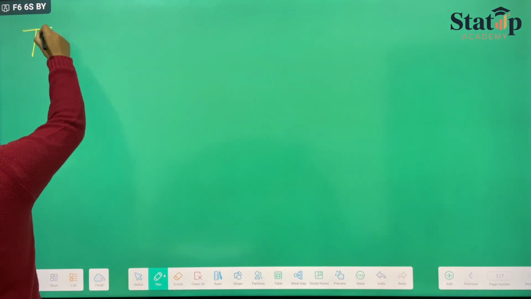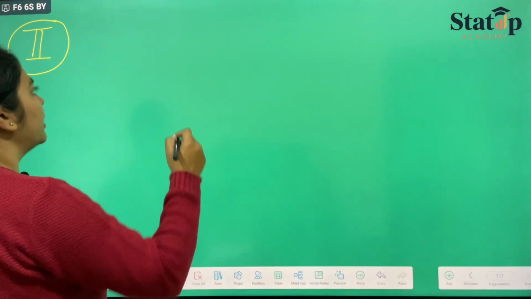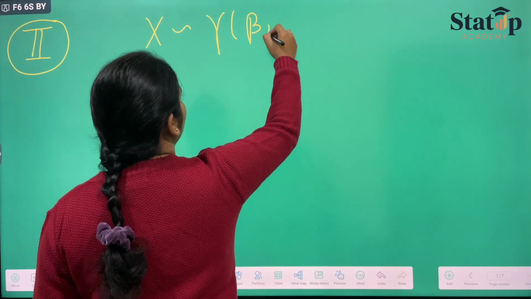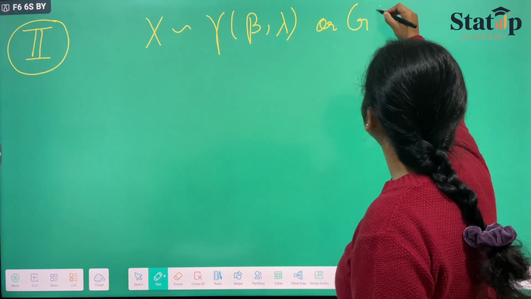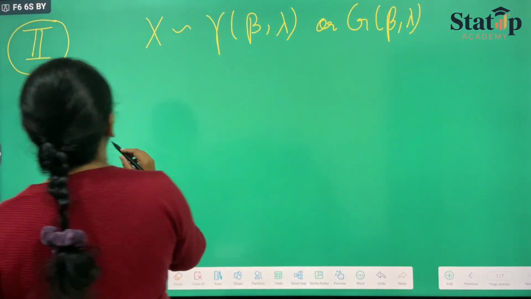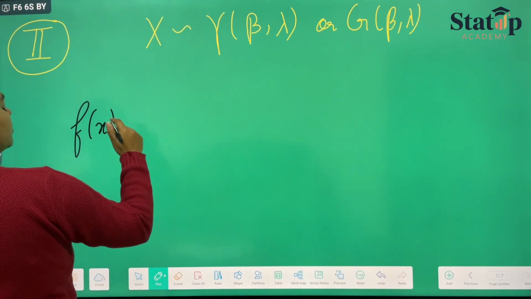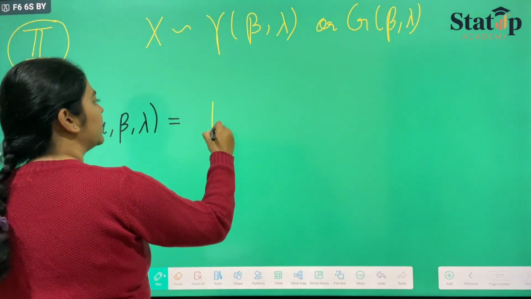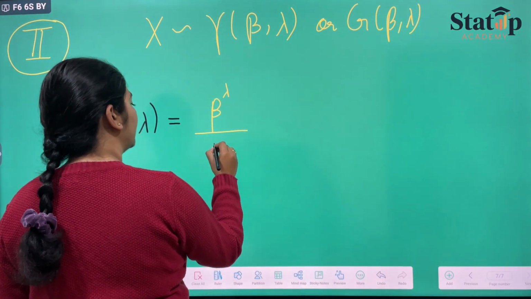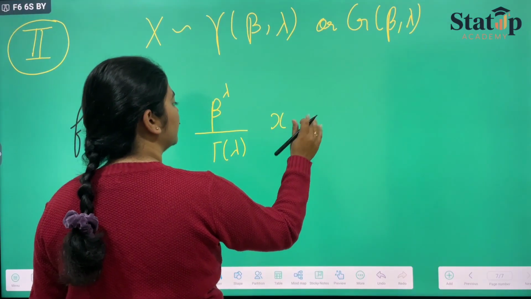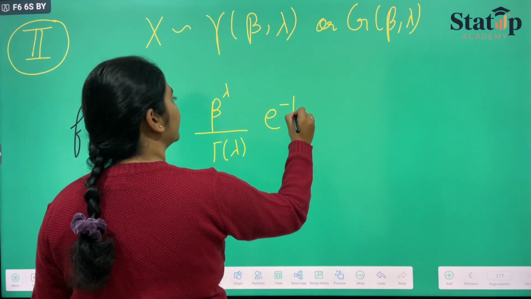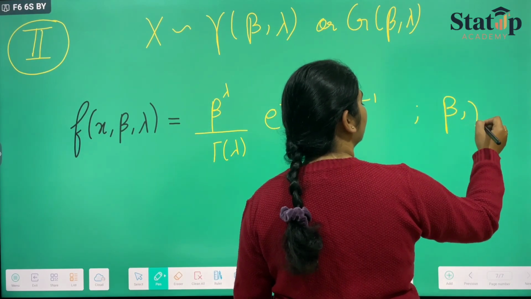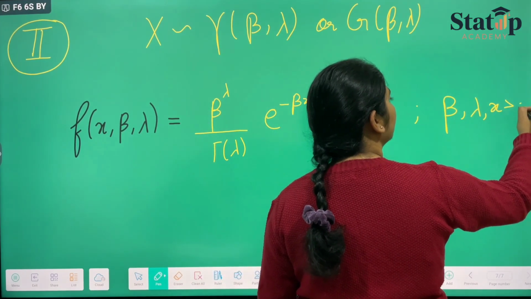Now if we talk about the second gamma distribution, which has two parameters: if there is a random variable x which follows gamma with two parameters, beta and lambda, or capital G, beta and lambda, then the PDF would be f(x; beta, lambda) equals beta raised to the power lambda upon gamma lambda, e raised to the power minus beta x, and x raised to the power lambda minus 1, where beta, lambda and x are all greater than 0.